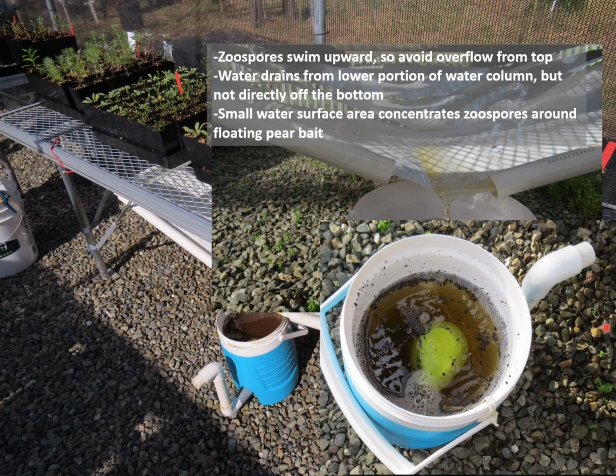The main design parameter here is that we know zoospores swim upward, so we don't want water to overflow from the top. That's why we have a drain that comes off the bottom, so that once the water reaches this level, this upper elbow, it's going to exit through this pipe instead of overrunning the rim.